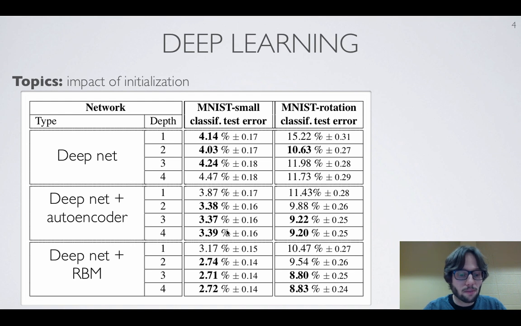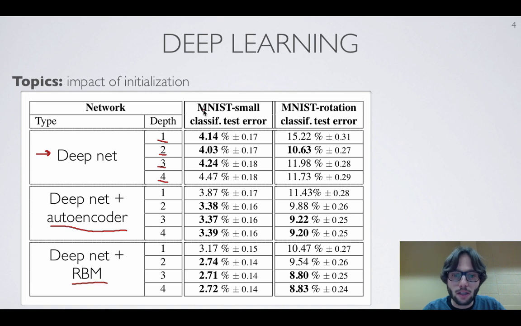Okay, in this first experiment, we'll look at the impact of initialization. We considered a deep neural network without pre-training, another with pre-training using a regular autoencoder, or pre-training using the RBM. In each case, we considered a depth, a number of hidden layers, of 1, 2, 3, and 4. I guess 1 wouldn't be very deep, but of course 2, 3, and 4 would be considered deep neural networks.